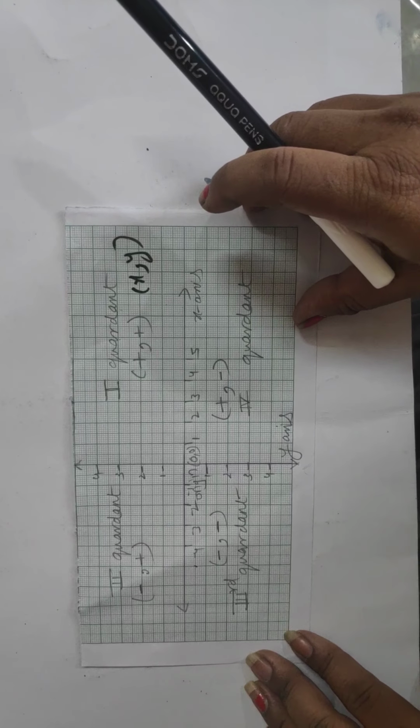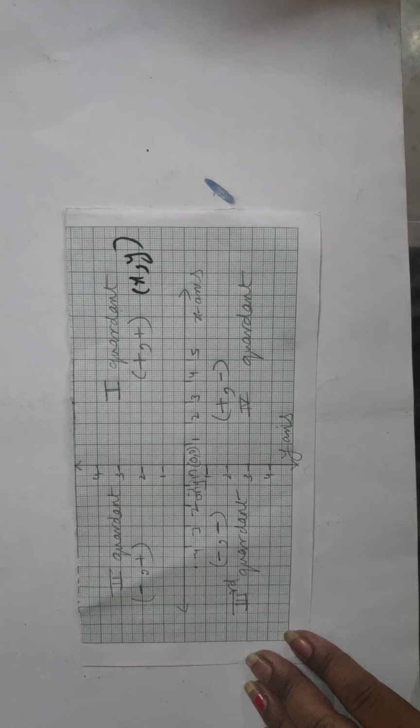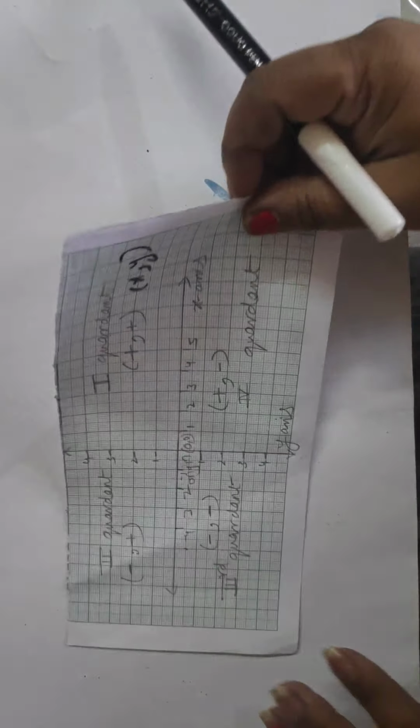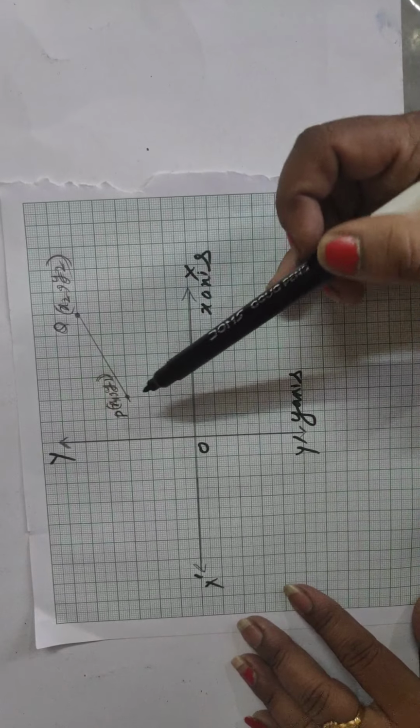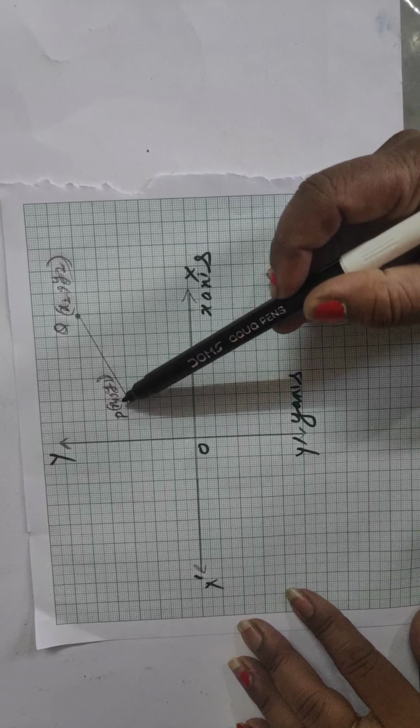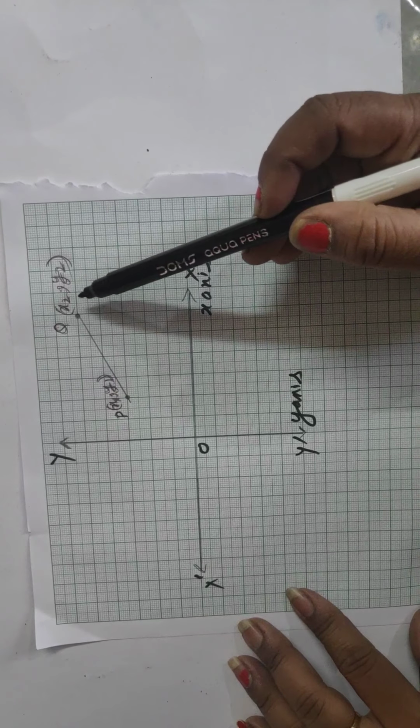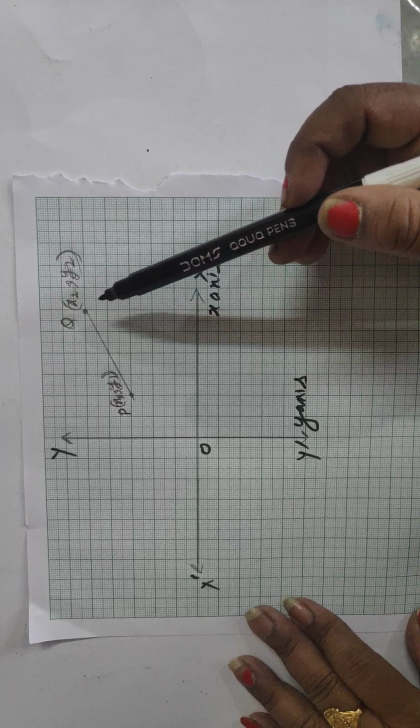So today, first of all, I am taking the very first topic, that is the distance formula. I have a graph here. We have 2 points: this one is x1, y1, and this one is x2, y2.